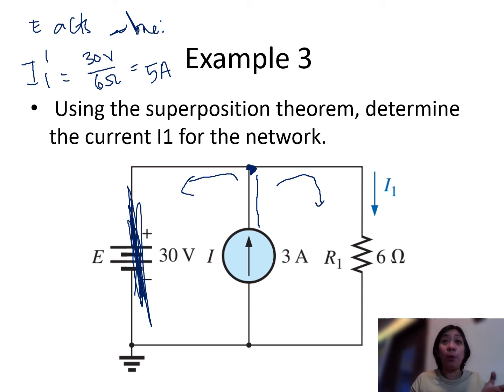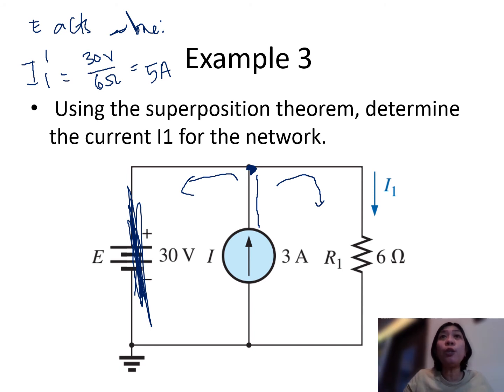In cases like this, always remember that the current always chooses the short circuit path because there is no resistance to oppose the flow. Therefore, no current will flow across this 6 ohms.